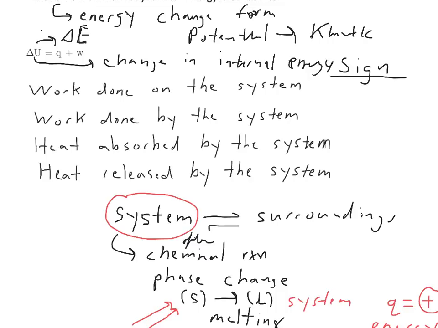Therefore, the sign is positive. Work done by the system, the next term. By the system. Okay, the system is doing work, performing work. When you work out, when you work, you perform, you get tired. So energy is going out of you, or energy is going out of the system when you do it. So that sign is negative.